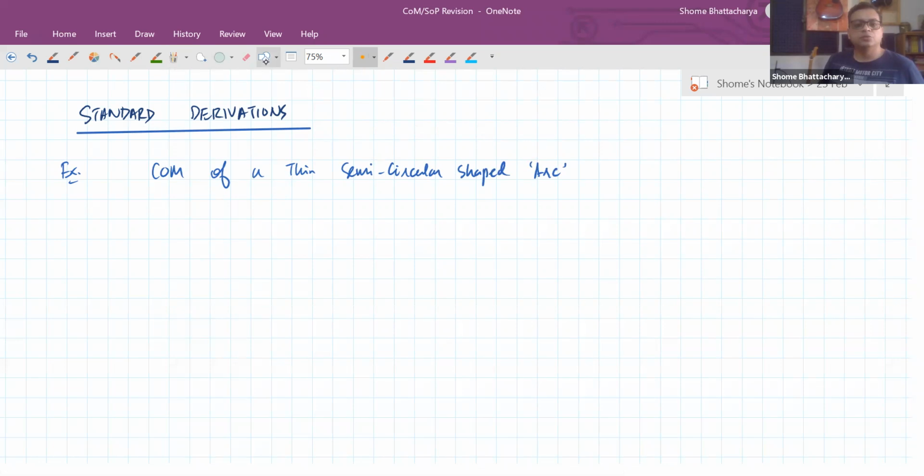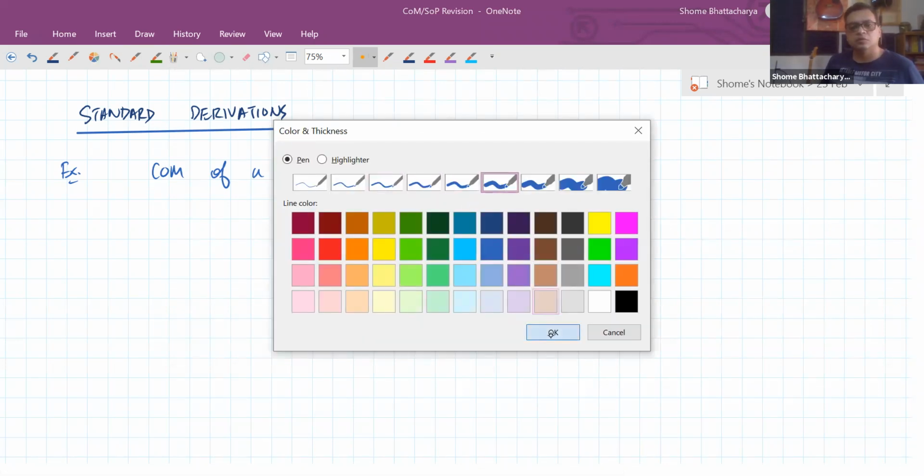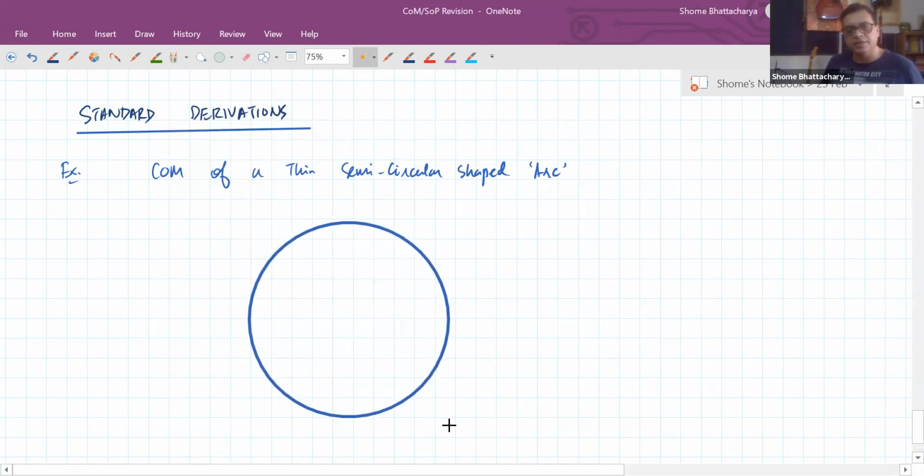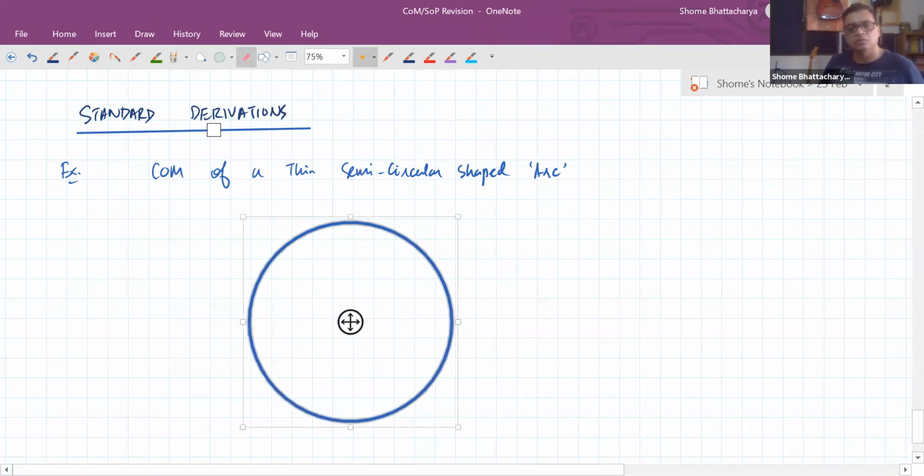Okay, so suppose what we've done is we have a thin rod which is having uniform cross sectional area, but that is bent into the shape of a semi arc, like this here.